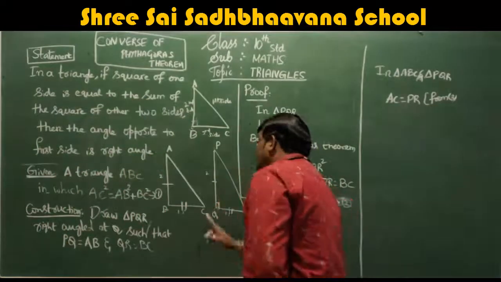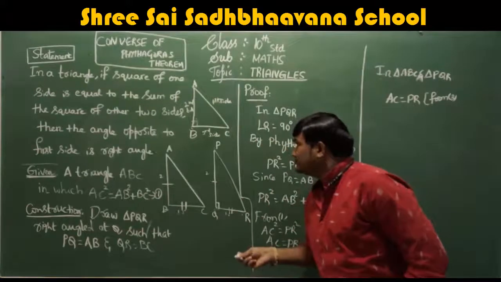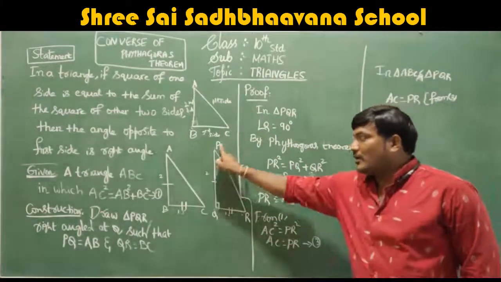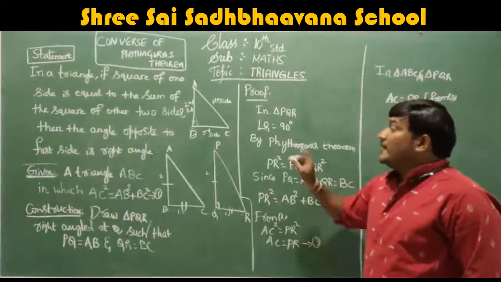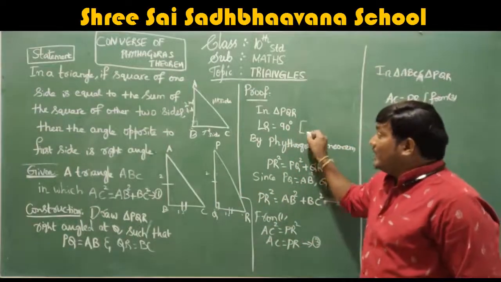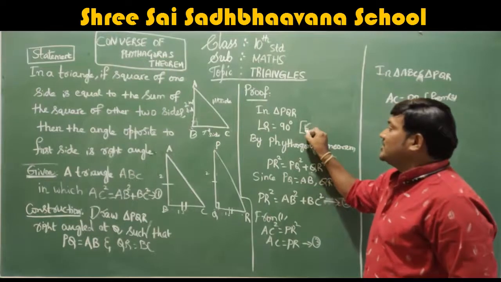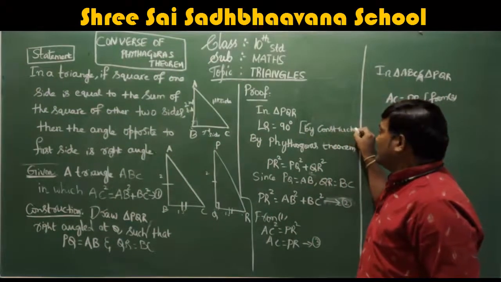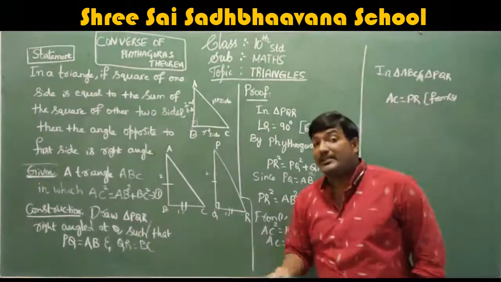Once we construct this triangle PQR, proof. Now we are working in triangle PQR. In this triangle PQR, angle Q is 90 degrees. Why? Because of our construction, correct? We constructed it such that angle Q is 90 degrees.